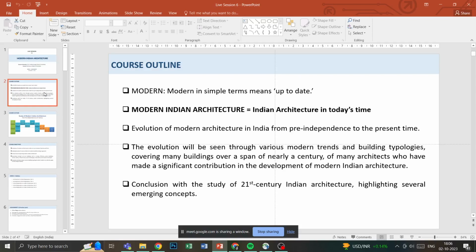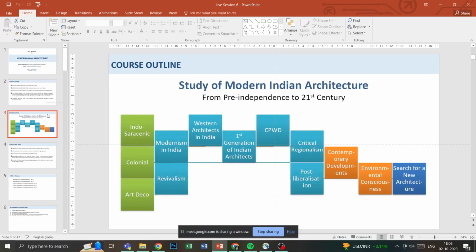This course will conclude with the study of 21st century Indian architecture, highlighting several emerging concepts. This is the timeline used in this course: the study of modern Indian architecture from pre-independence to the 21st century.